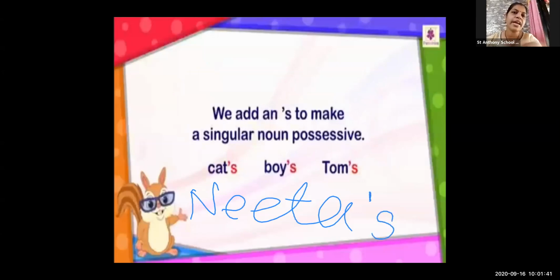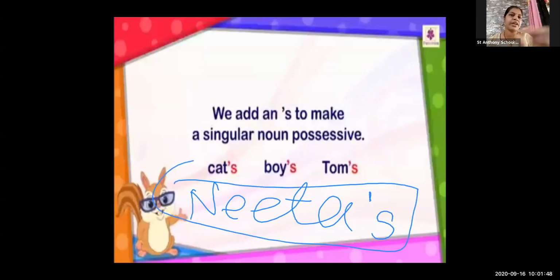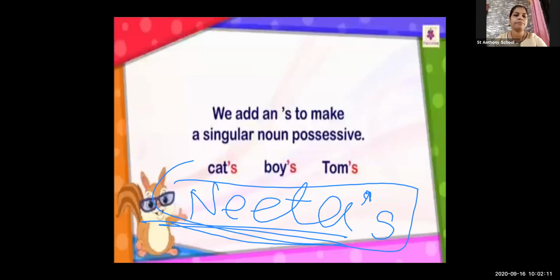Apostrophe s. Nita's. It's singular, it's only one girl's name. That's why we have added apostrophe s after the name Nita. So that apostrophe is given to the singular possession, after the name of that person or place.